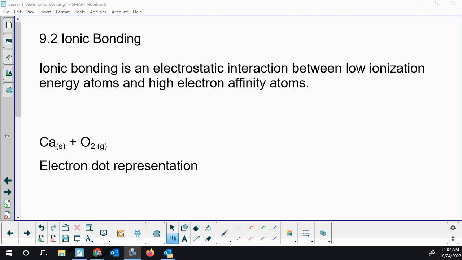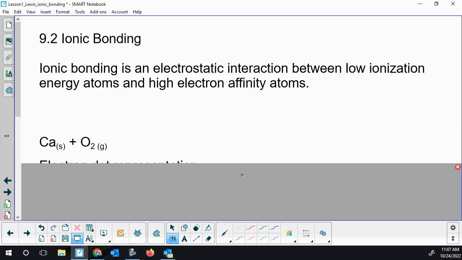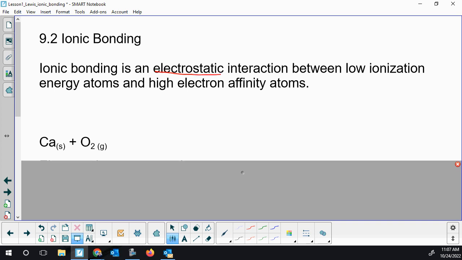So our one slide on ionic bonding: ionic bonding is electrostatic, so positives and negatives, cations and anions, between low ionization energy atoms, like group 1, group 2, and more, but that's the heart of it, our metals, and high electron affinity atoms, those would be our non-metals, in particular group 7. So group 1 and group 7 would be the biggest extreme here for low ionization energy and high electron affinity.